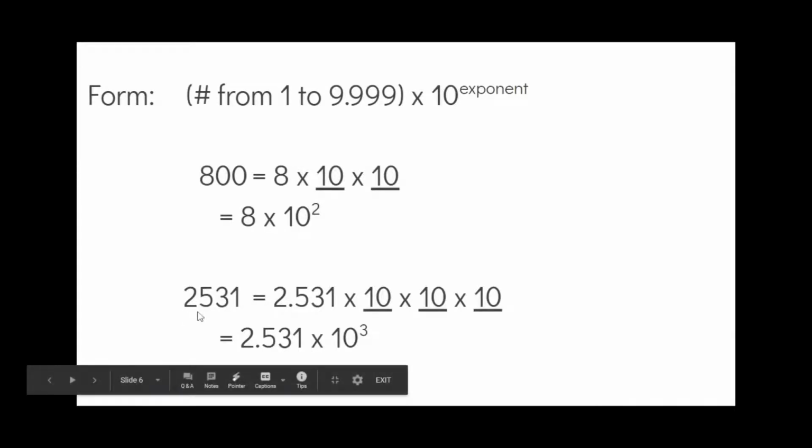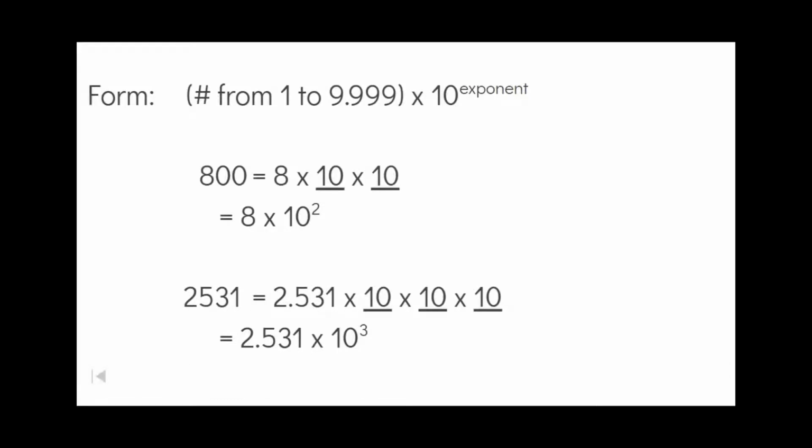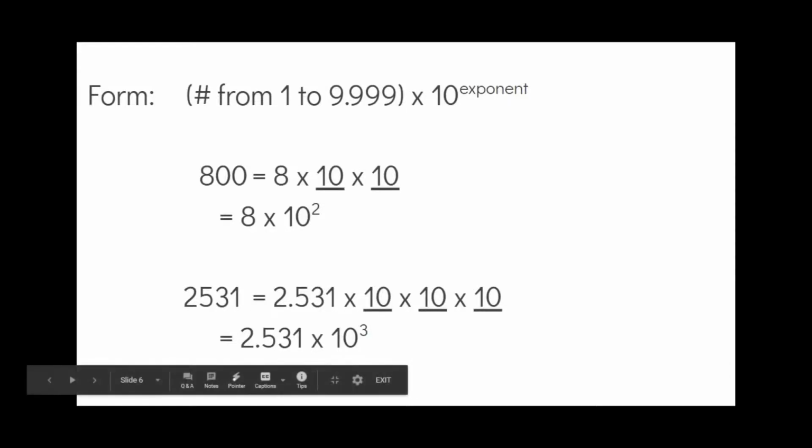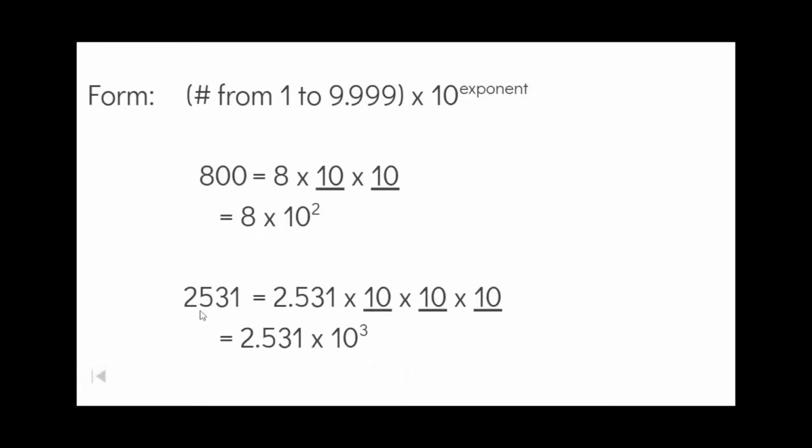How do we write a number that doesn't have any zeros in it, meaning that every number is significant, in scientific notation? Simply, you place a decimal point at the back of this number, because there is always a decimal point in a number, even if you can't see it, and you'll move that decimal point forward until it rests behind the first significant non-zero number.